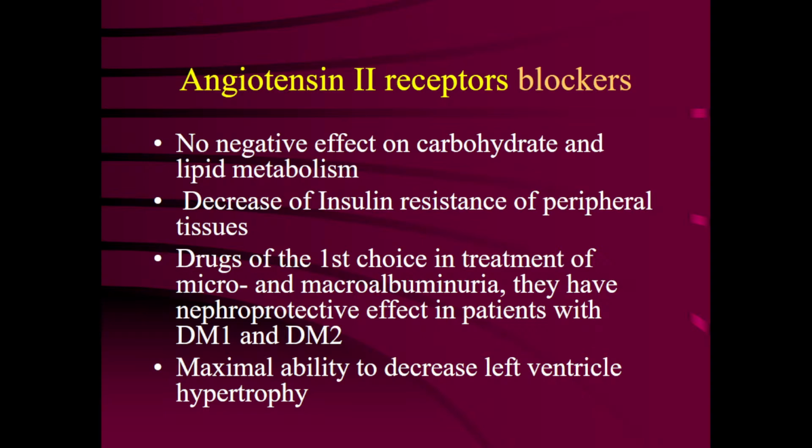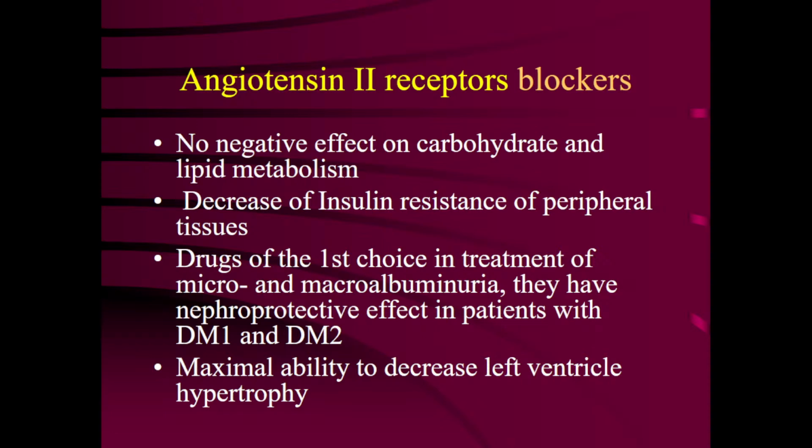Angiotensin II receptor blockers are also metabolically neutral. They don't have any negative effect on carbohydrate and lipid metabolism, and they decrease insulin resistance of peripheral tissues. They are also assessed as drugs of the first choice in treatment of micro and macroalbuminuria.